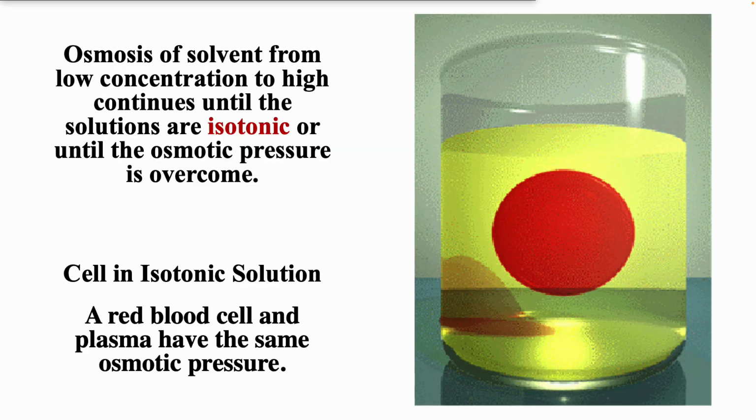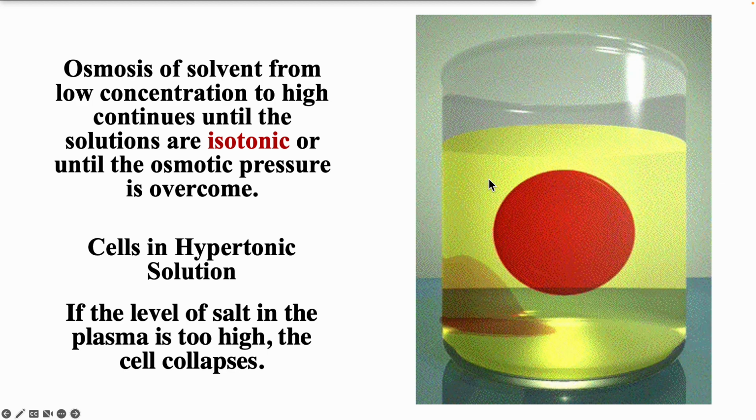Osmosis of a solvent from low concentration to high continues until you reach isotonic solution, which means that you have the same concentration. And so a cell in isotonic solution is fine because the amount of solvent going in and going out is the same. Cells in a hypertonic solution, the level of salt in the plasma is too high, and so you have solvent going out of the cell net.